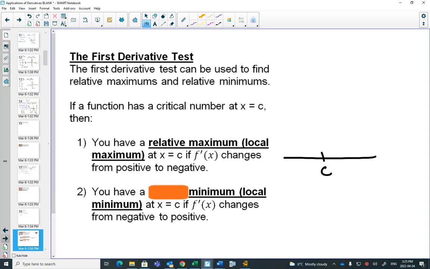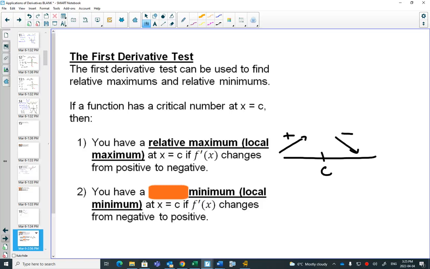Here's your critical point C. And if you had a derivative that was positive before it and negative after it, our number line would say it is increasing, then decreasing. And if a point exists at C, in other words, it's not a non-permissible value, the only way that can happen is if at that point C, you have a maximum.